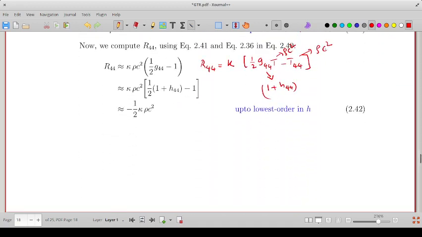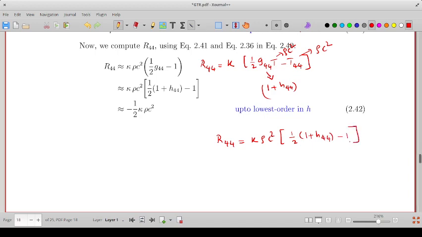So rho c square appears in both terms. So I can write R44 as K times rho c square, then half of the remaining term is (1 plus h44) minus 1, where rho c square has been taken outside.